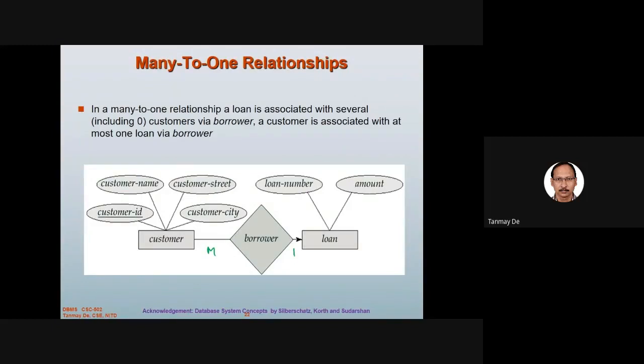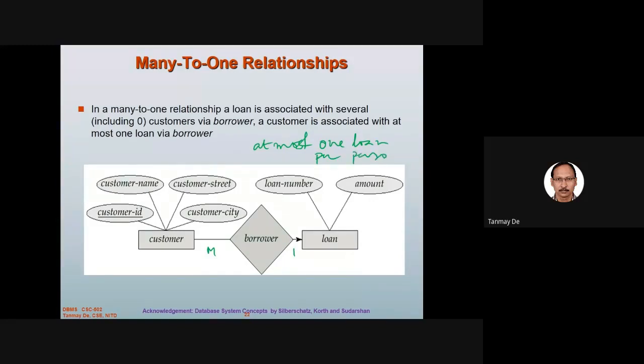So that means at most one loan per person.